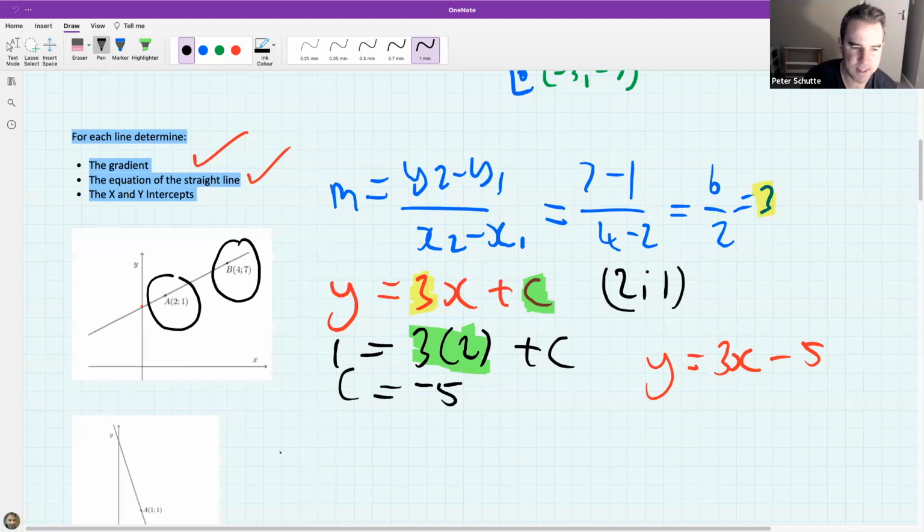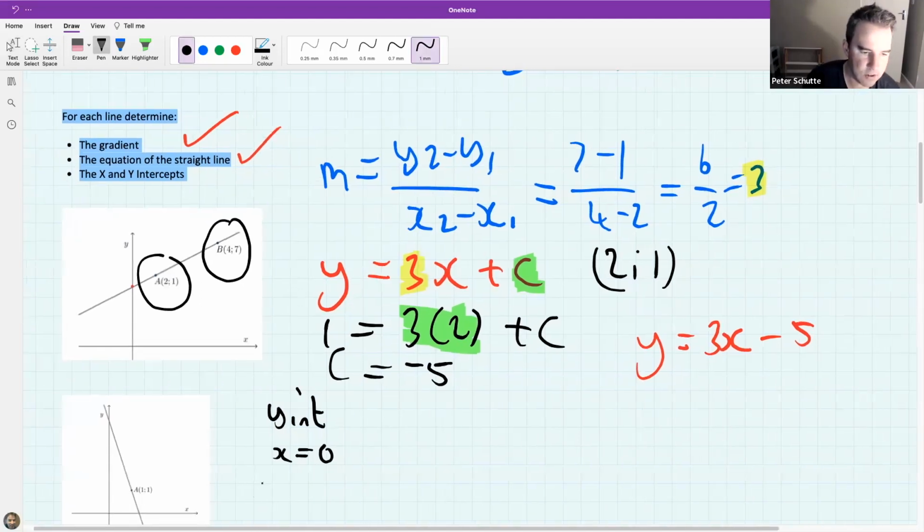If I want to find the x-intercept and the y-intercept, to find the y-intercept, we make x 0. So what is the y-intercept going to be here? If I make x 0, how did I bring the 6 to the other side?